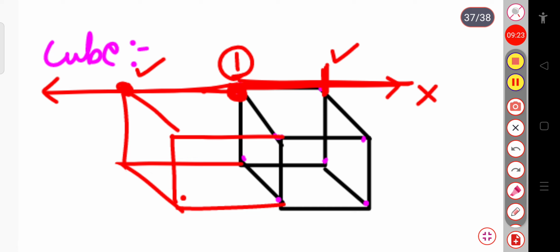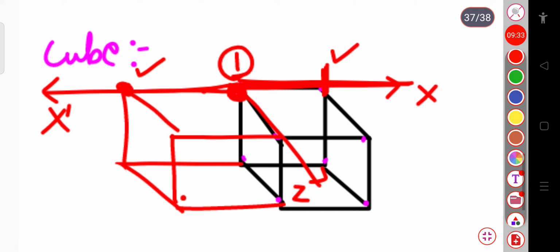And similarly, if this is x prime, and if I consider this as the z-axis, then along this z-axis, this is also the nearest neighbor.